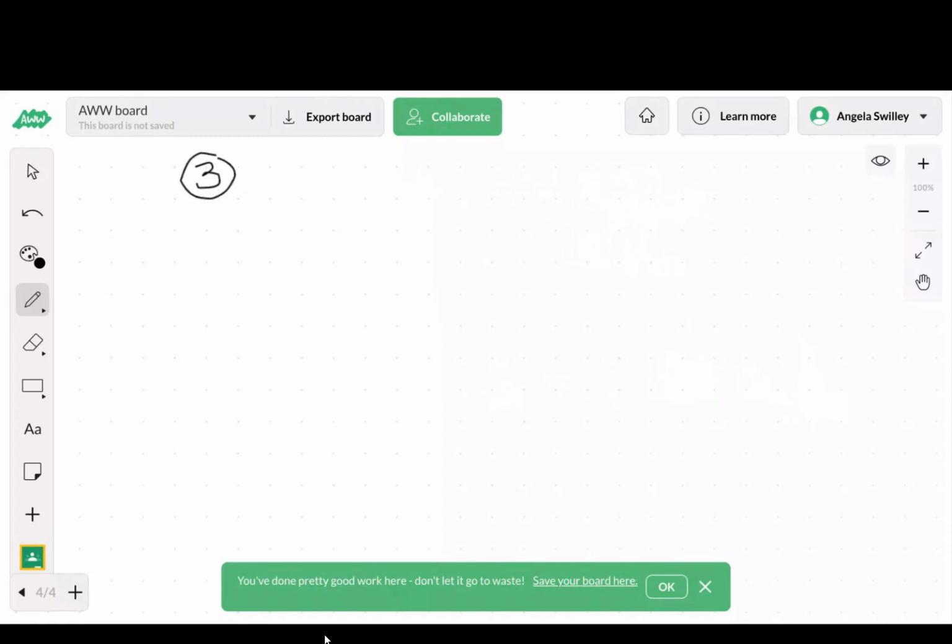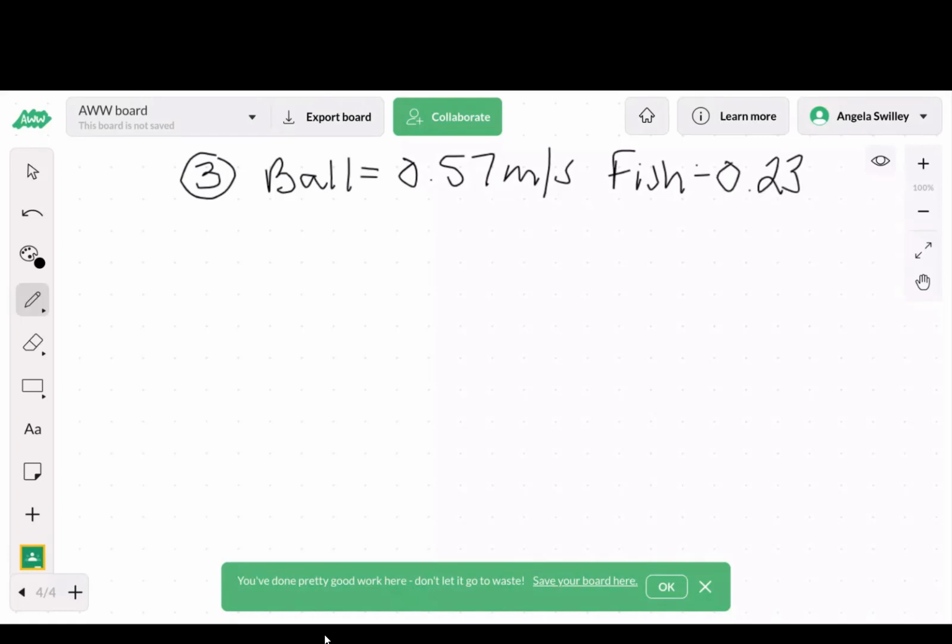All right, for number 3, the ball's speed was 0.57 meters per second. The fish was 0.23 meters per second.